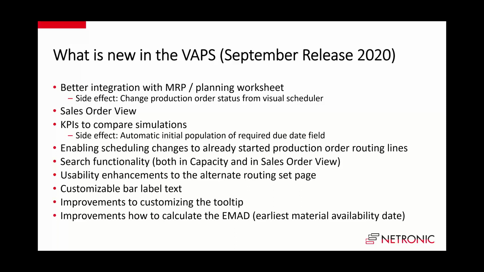We introduce a first set of KPIs to compare different simulations. As a side effect of building KPIs, we also now do an automatic initial population of the required due date field.